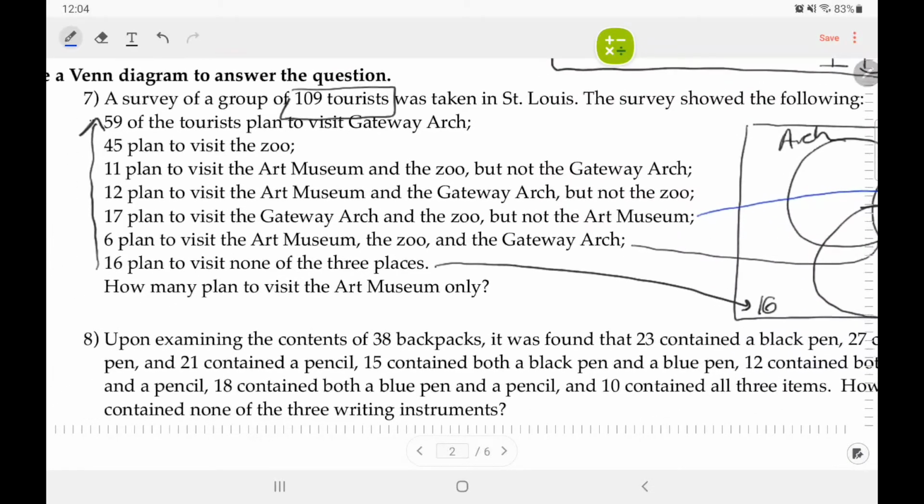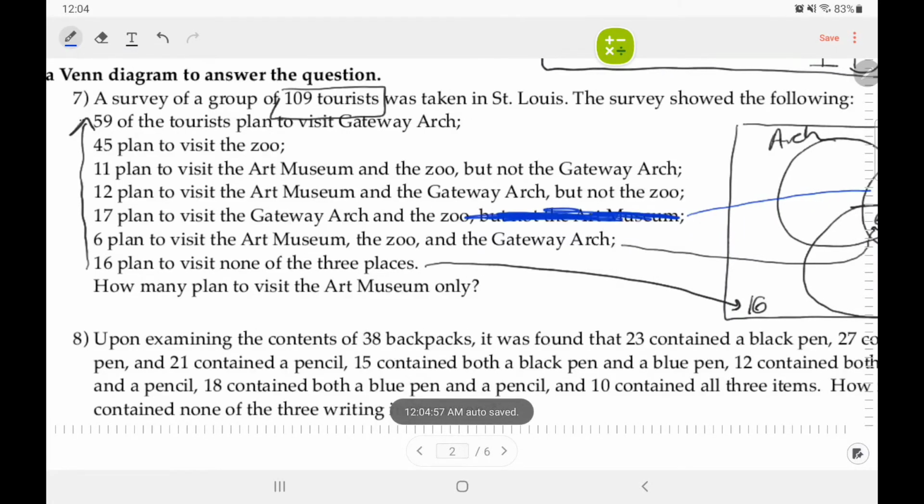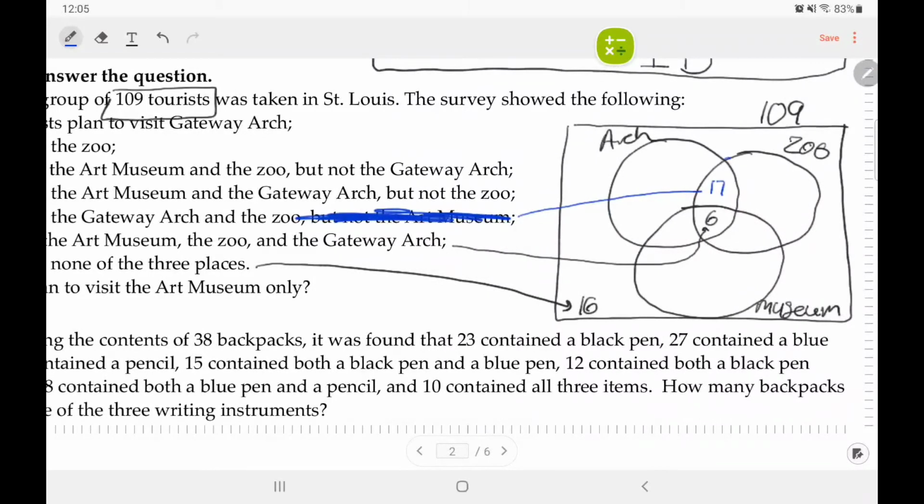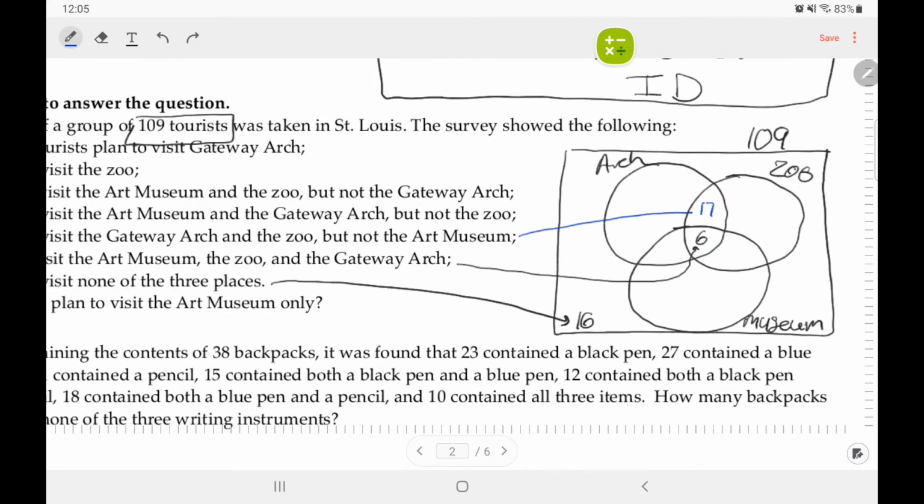If it said 17 plan to visit the Gateway Arch and the zoo, and it disregarded this part, that means this entire category would have added to 17, which meant I would have had to subtract 6 from 17 and got the number 11. But in our case, it does not say that. It says but not the art museum, so I can put the number 17 right there. Let's continue.